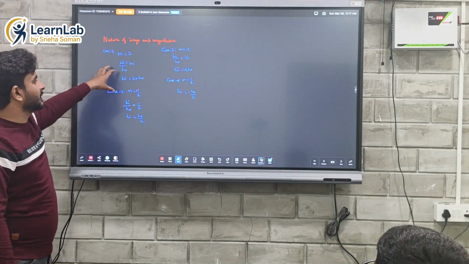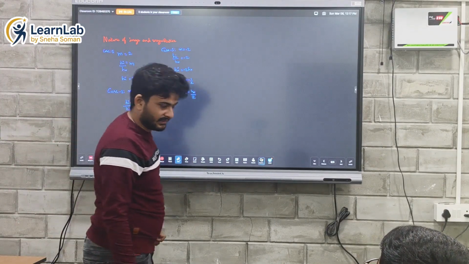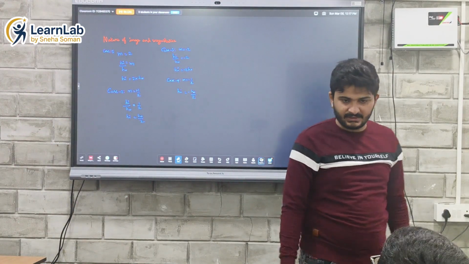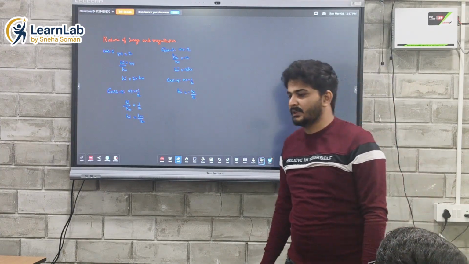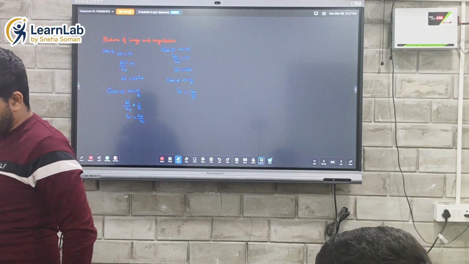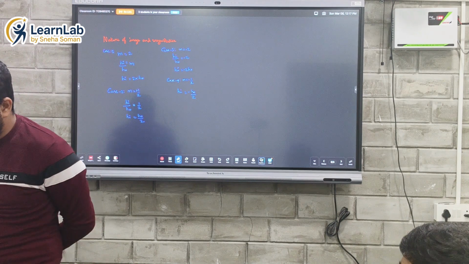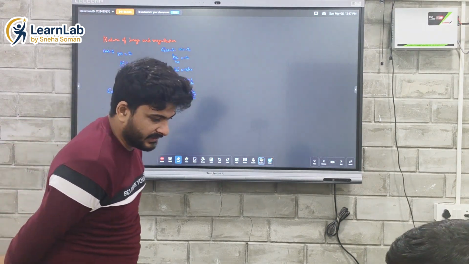You can make this one also one of your shortcuts. So if you are getting your value as minus, then you can consider that the image is somewhere there. That is also a shortcut. Right? You can just open the text view.